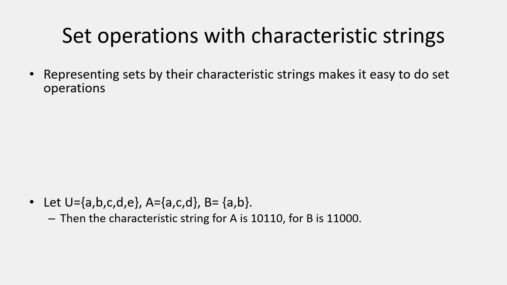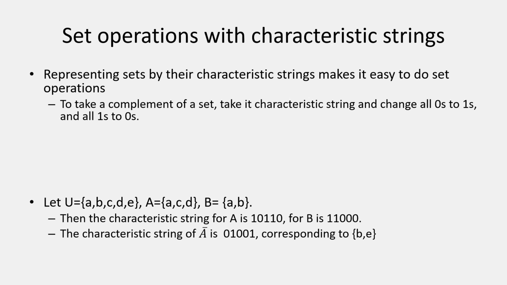Let set A be A, C, and D, and let set B contain elements A and B. So here are the characteristic strings: for A, 1, 0, 1, 1, 0, and for B it's 1, 1, 0, 0, 0. Now, to take a complement of a set, it is enough to take its characteristic string, go through it, and flip every bit. Change all zeros to ones and change all ones to zeros.